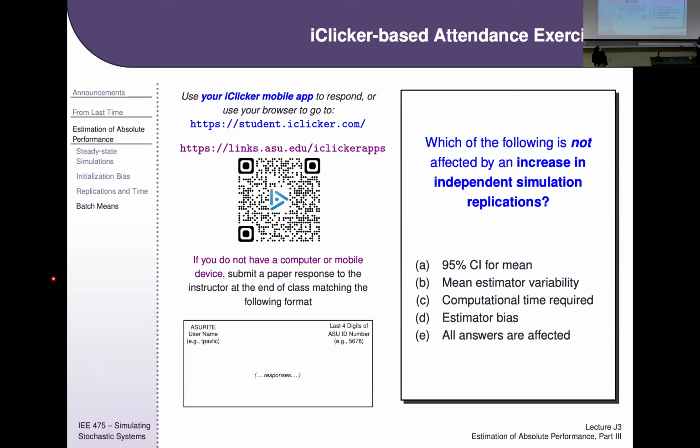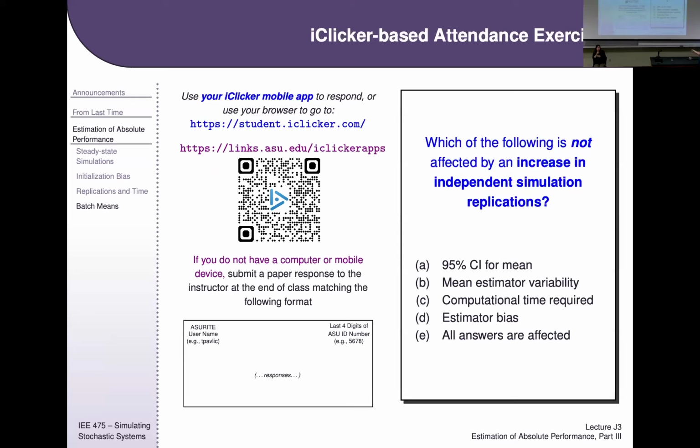Okay, so question here: which of the following? And I guess I'll help you on this because I made this in the couple of slides we skipped. I try to drive this home a little bit more, but we've talked about this already. Which of the following is not affected by an increase in independent simulation replications?